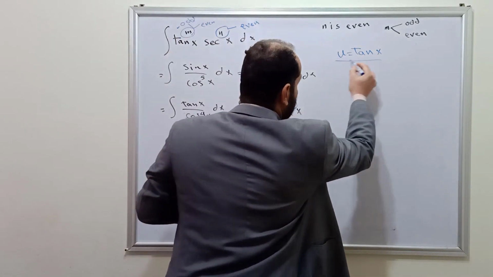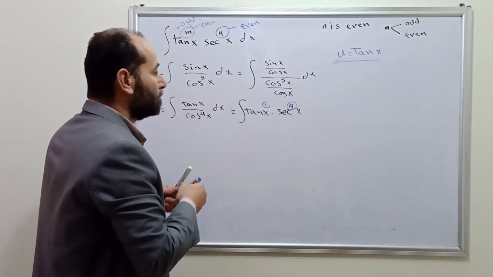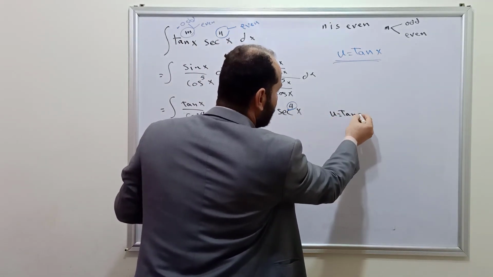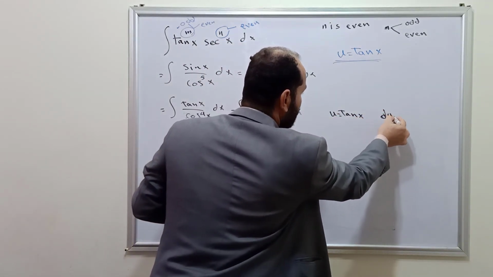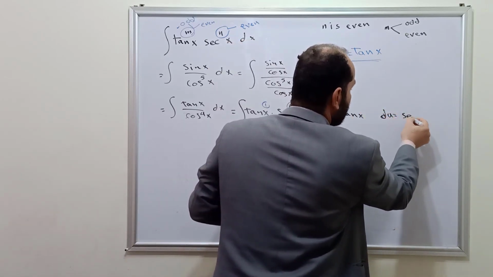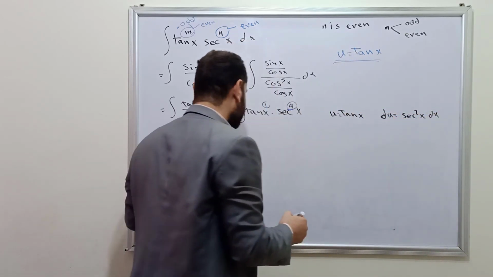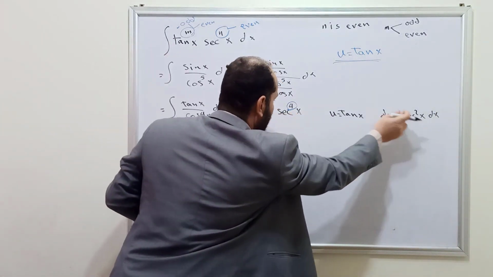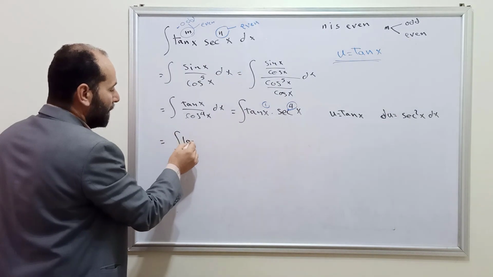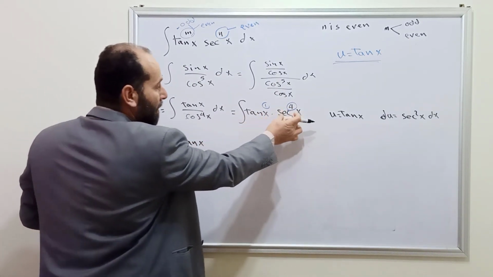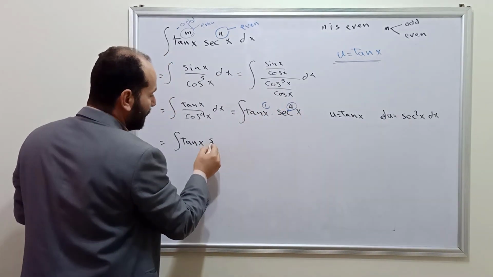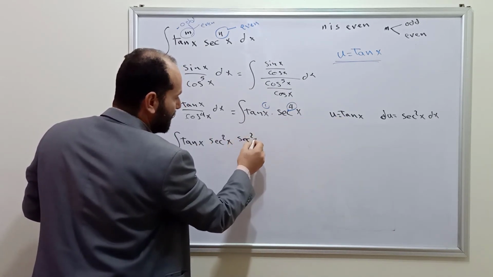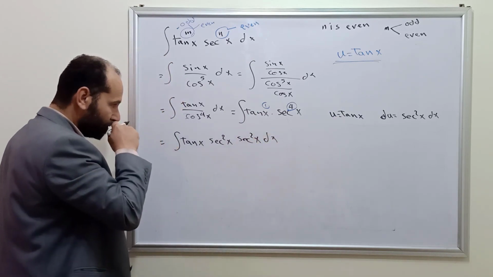We take u equals tan x, and du equals sec squared x dx. So we need sec squared x here: tan x, sec power 4 x, and we take sec squared x dx to make the du.